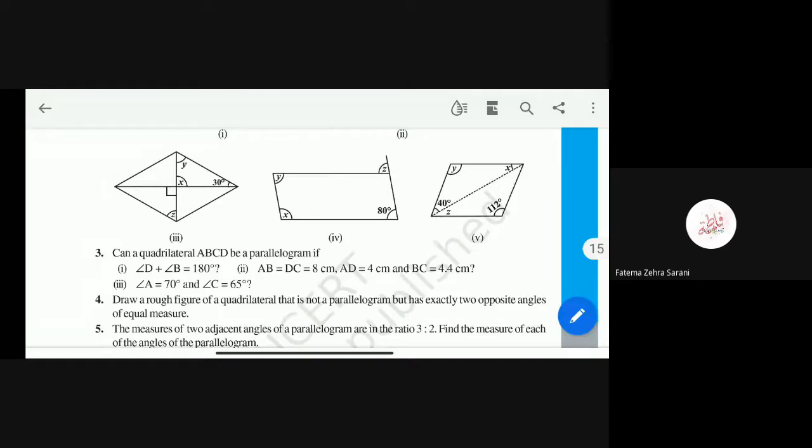Okay, in question number 5, you can see one parallelogram is given. 40 degrees and 112 degrees is given. We have to find x, y, and z.